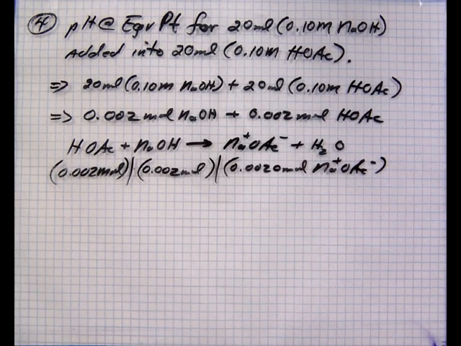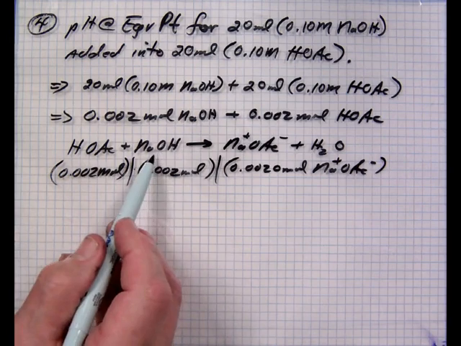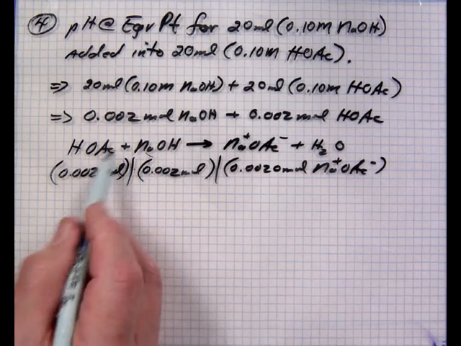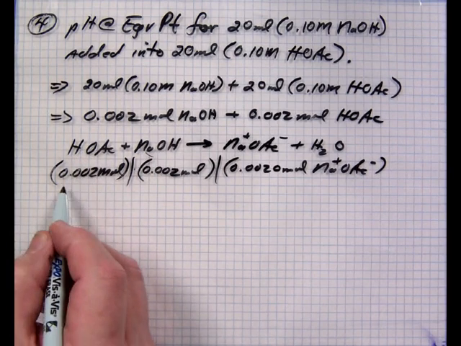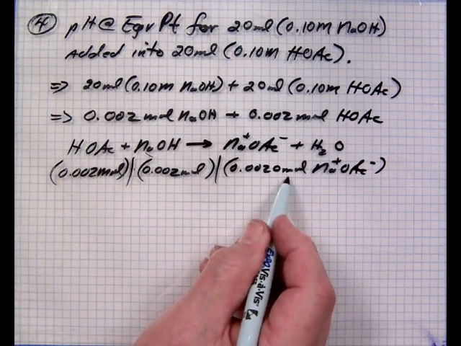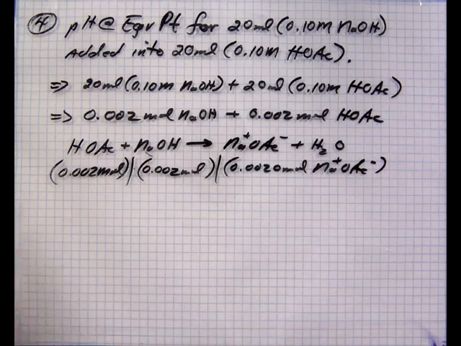Now, at the equivalence point, you need to understand that there's really no acid there, no base there, originally. The addition of the 0.002 mole of sodium hydroxide completely neutralizes the 0.002 mole of acetic acid, forming 0.002 mole sodium acetate.